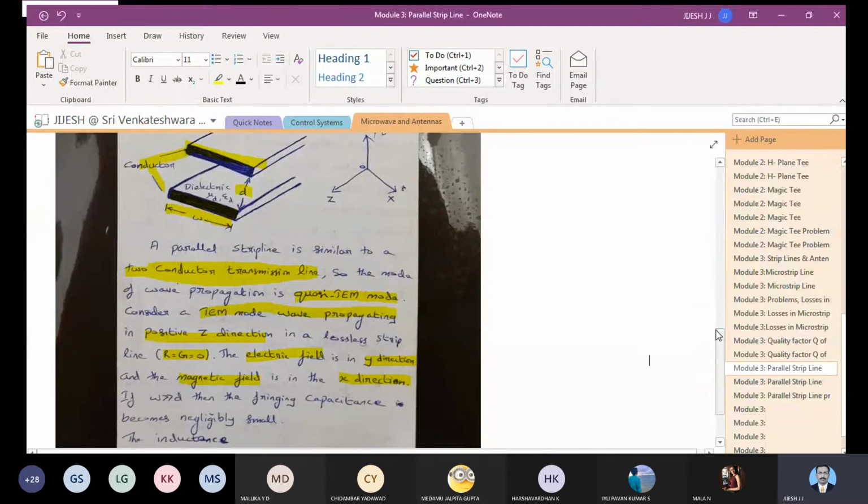We have seen that a parallel strip line is similar to a two conductor transmission line.